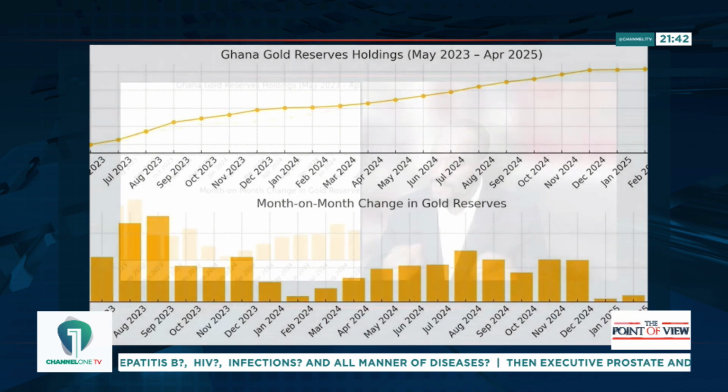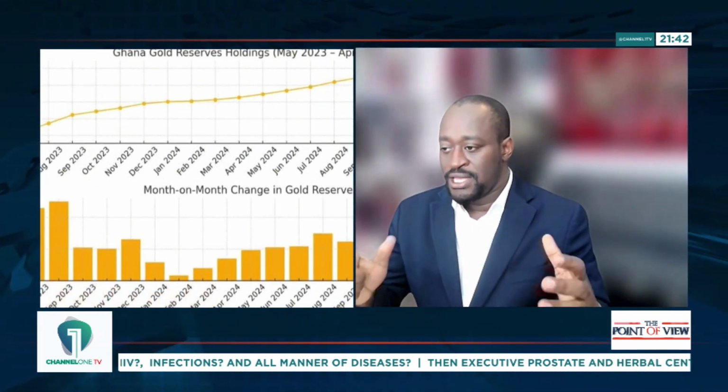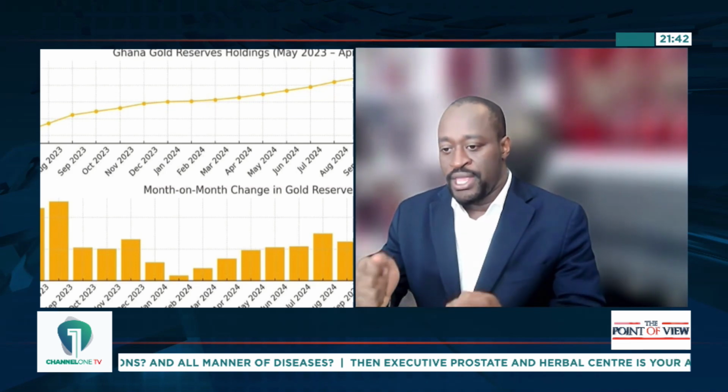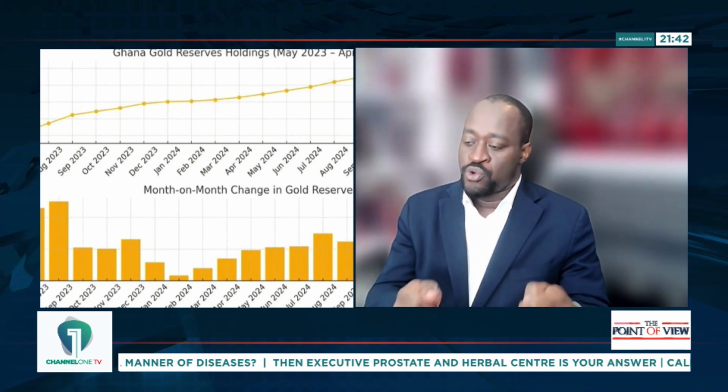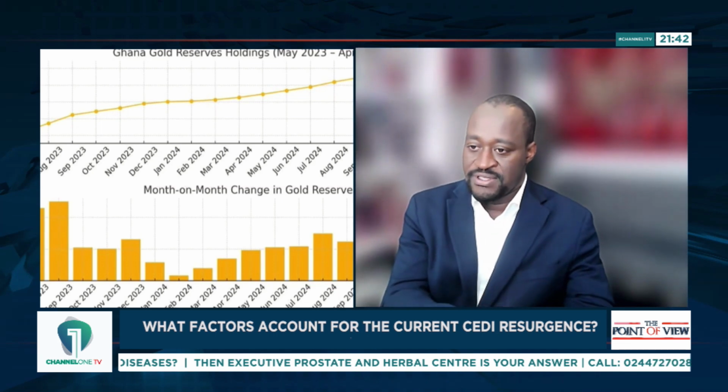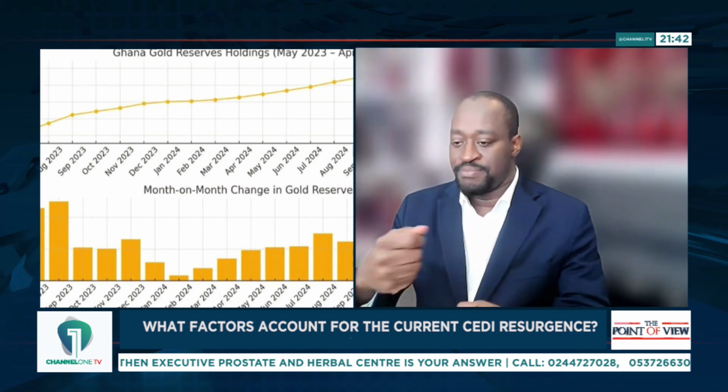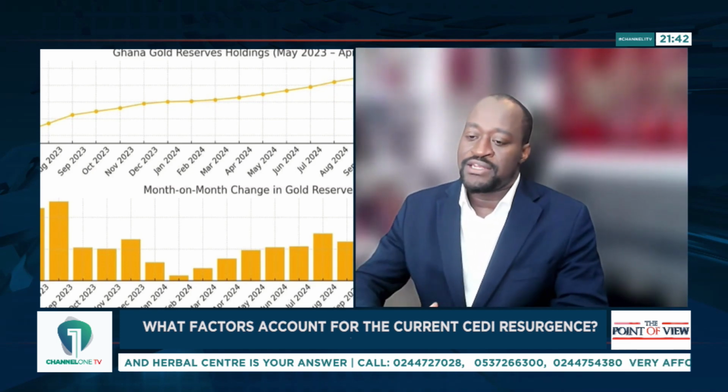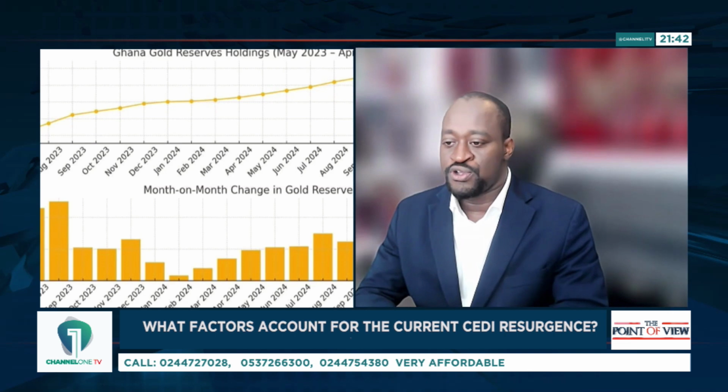What has happened really is that in the last 2 years we have built up quite significant reserves, and there's even more that can be done. But now we are in a position where you can decide to sell some of those reserves, get dollars, and use that to support your local currency.